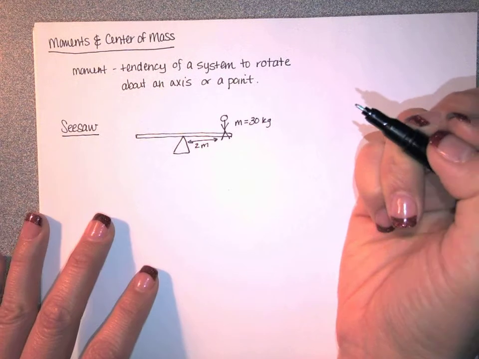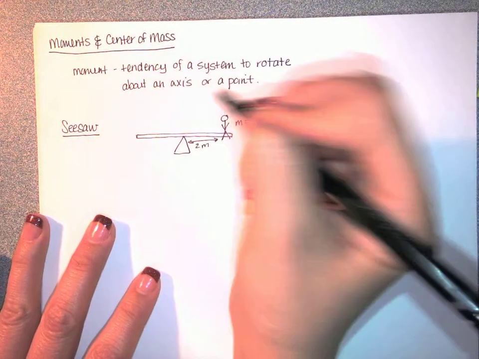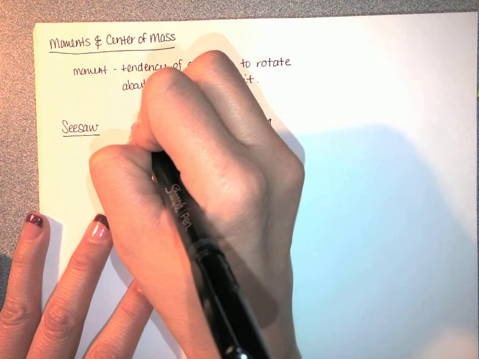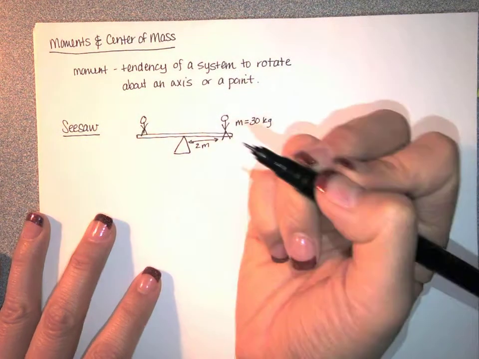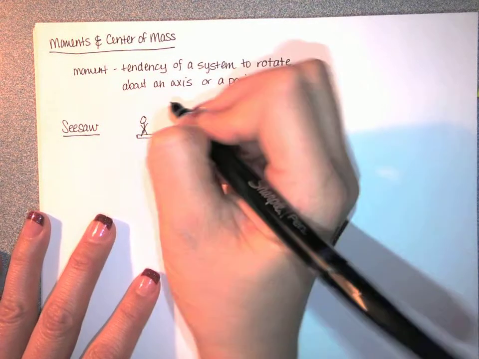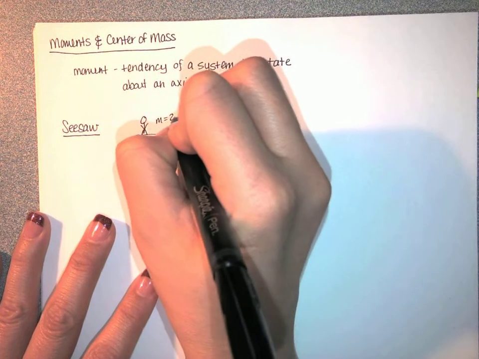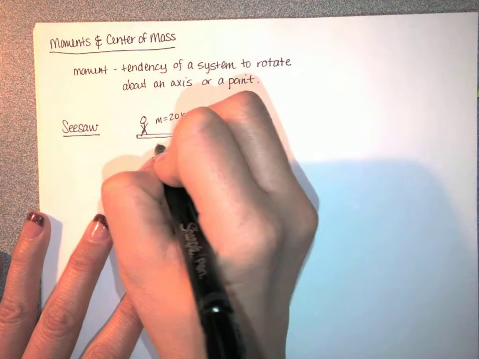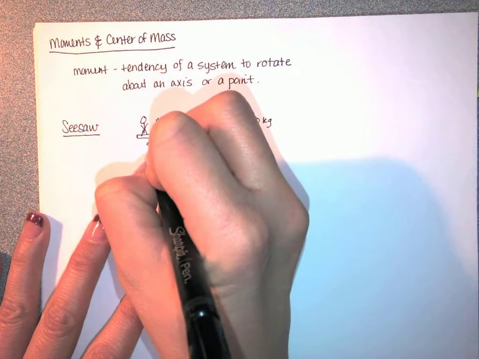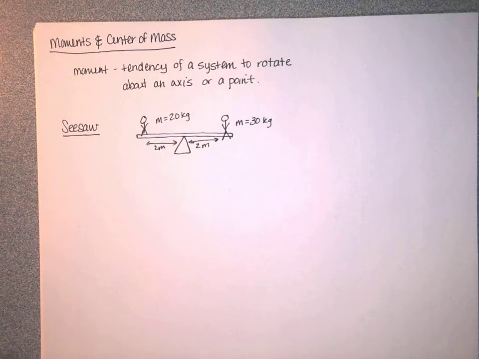And then you've got another child sitting over here. Maybe this child has a mass of 20 kilograms, and he or she is also sitting 2 meters from the center.